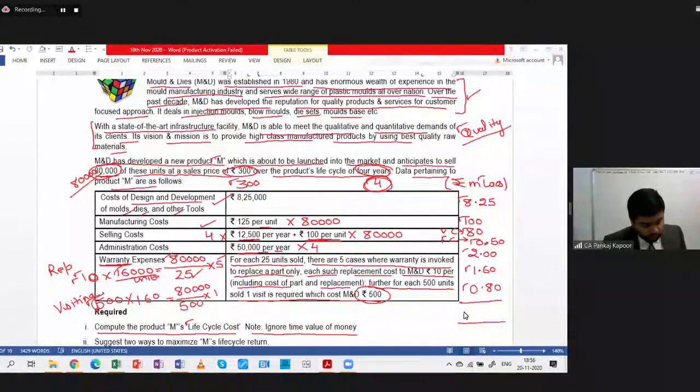How much is your life cycle cost? It will be 1 crore 93 lakh 15,000. We compute it in lakh, so we must write it 193.15. This will be your answer to the first part.